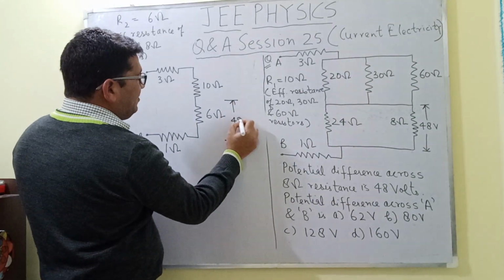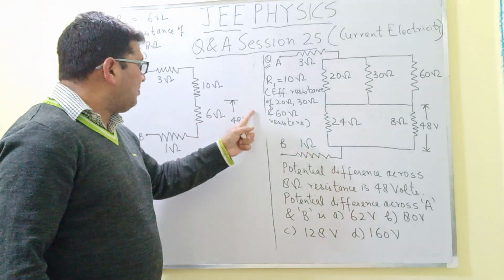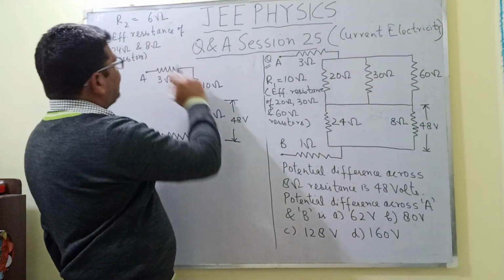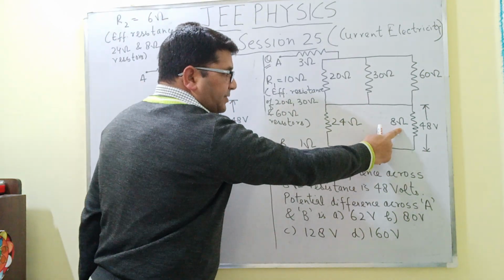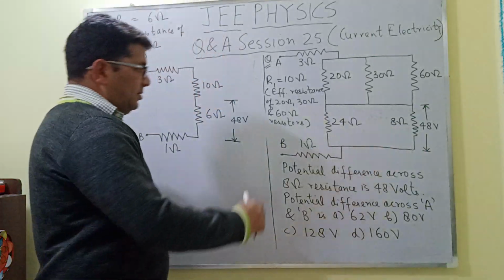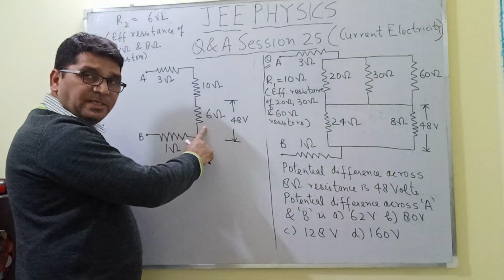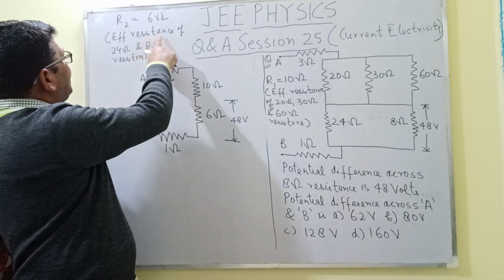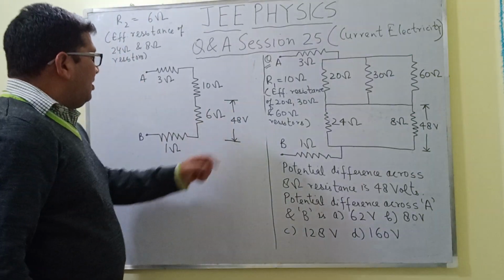That is the potential difference across the 6 ohm resistor will be equal to 48 volt, because this is the effective resistance of this 24 ohm and the 8 ohm resistor. And since the potential difference across this 8 ohm resistor is 48 volt, therefore the potential difference across this equivalent resistance of this 24 and 8 ohm resistor will also be equal to 48 volt.